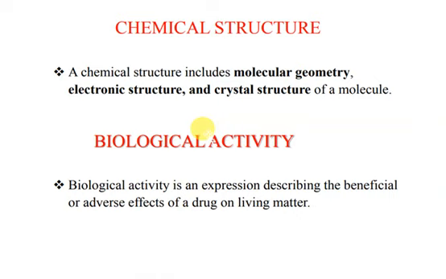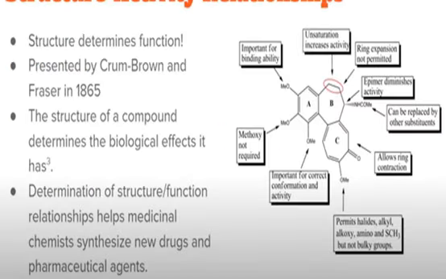So what do we mean by biological activity? It's the expression of the beneficial or adverse effect of the drug on the living organism, right? So biological activity includes both the beneficial effect as well as the adverse effect.